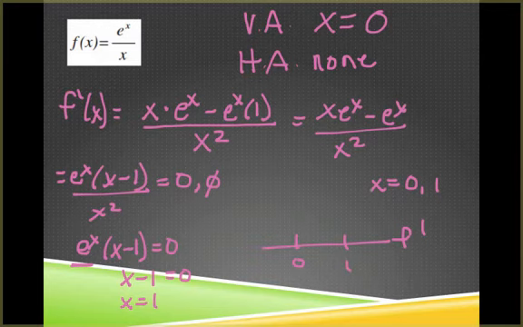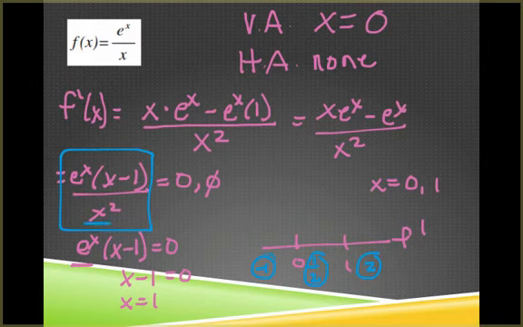So let's pick some values, and we'll use -1, we'll use 1/2, and then we'll use 2. Now we're going to look at my factored form of the derivative and substitute into there. Well, I can save myself some time by noticing what's happening.